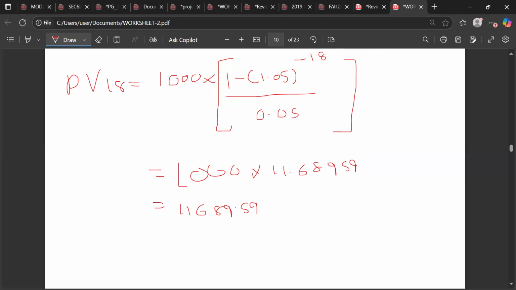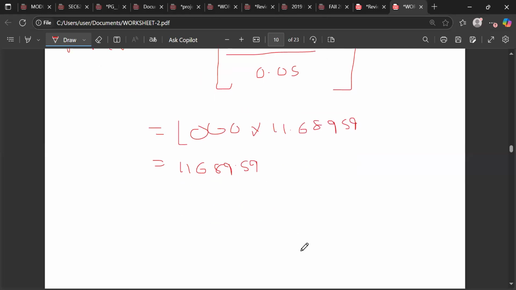So which means that the amount now is just going to be the original amount. Remember the original amount you had? The 12,033. So I'm saying the amount will be 12,033.56 minus 11,689.59.